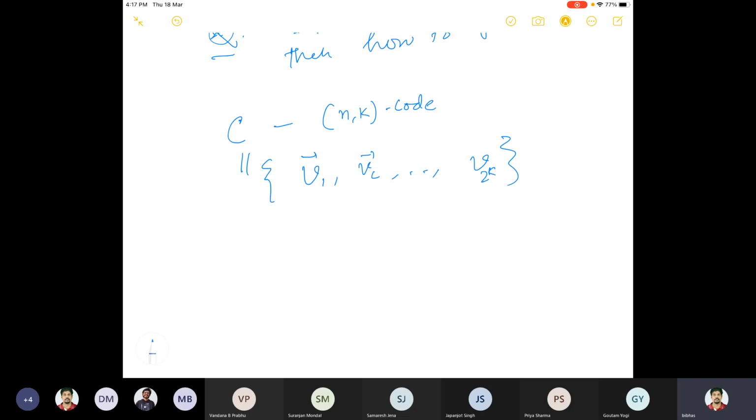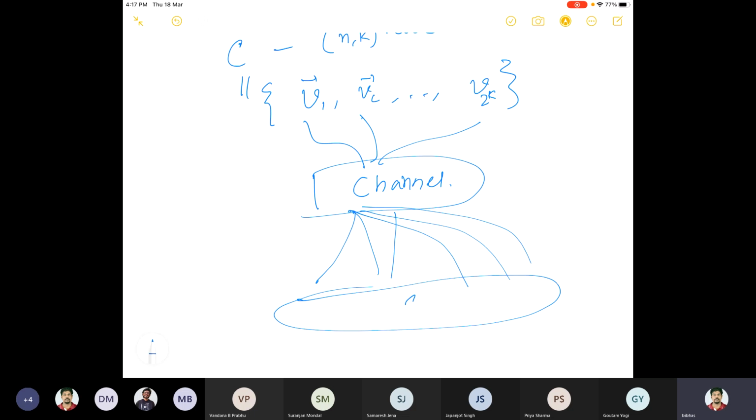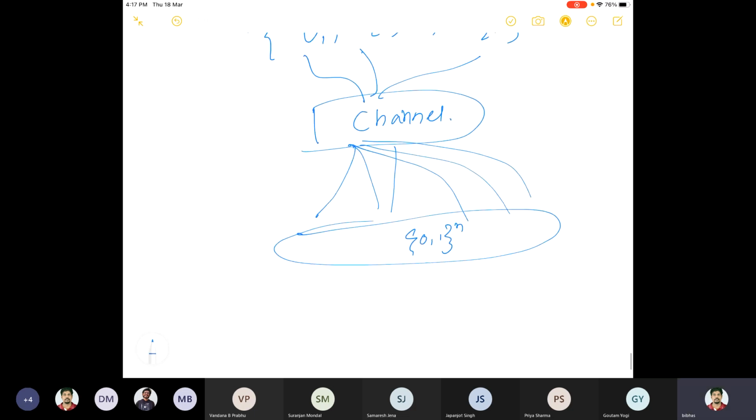When any of these is passed through a channel, due to the noise of the channel, you will get one of the vectors in {0,1}^n. So r will be a string of 0s and 1s of length n; this is what you will get.